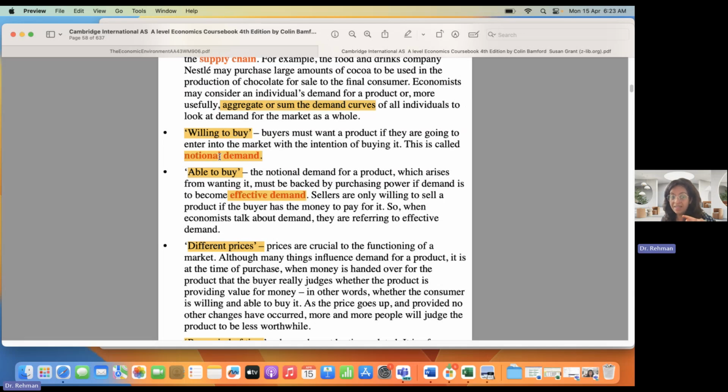So notional demand is willingness to buy, like it can be a poor person or a rich person, they can will to buy something. On the other hand, notional effective demand is the demand of people who are also able to buy. So my demand for probably a very, very expensive car would be just a notional demand. This is something just I want, but I can't afford it.